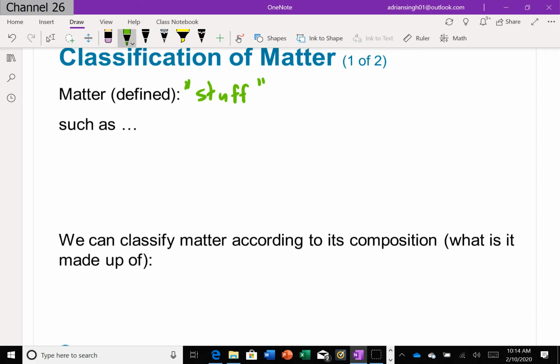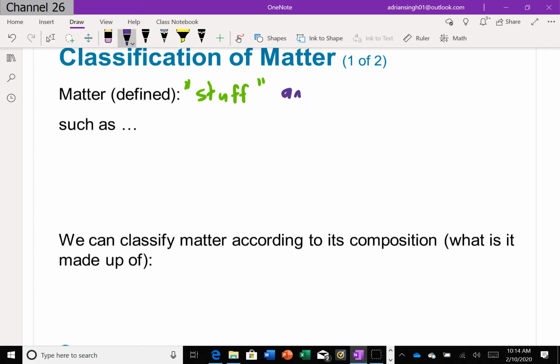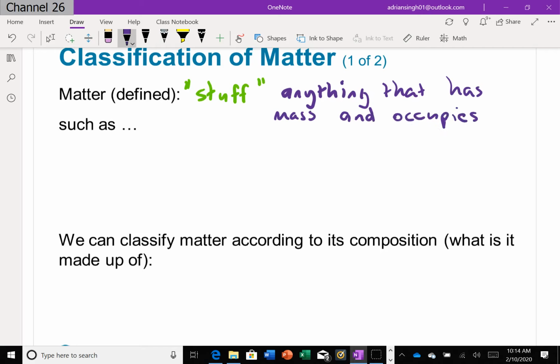Anything that occupies space and has mass, right? So there are two parts to it. So anything that has mass and occupies space or volume.